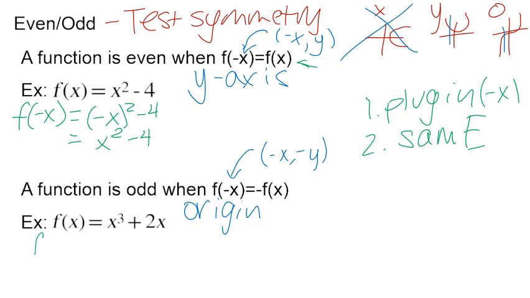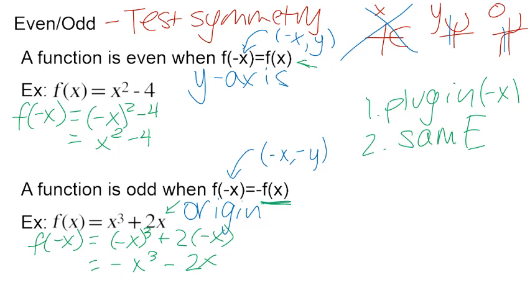Check out what happens with the odd one. So if I do f of negative x, I get negative x cubed plus 2 times negative x. So this would be negative x cubed minus 2x. Notice that these two things are the exact opposite, which is what I want for an odd function, right?